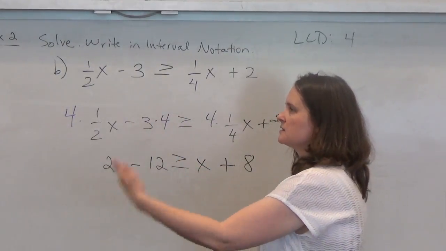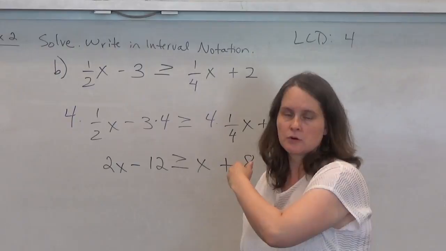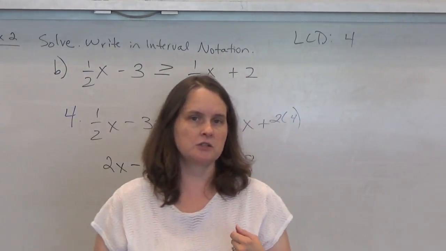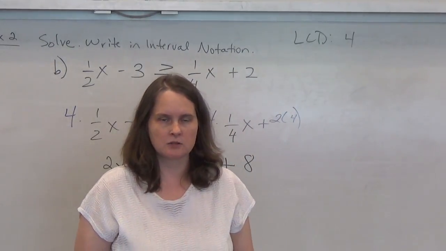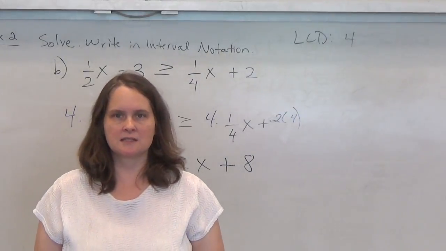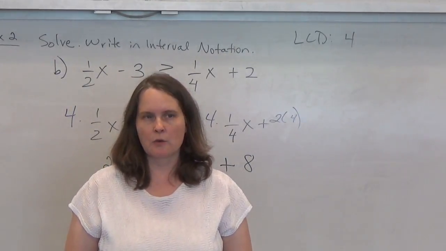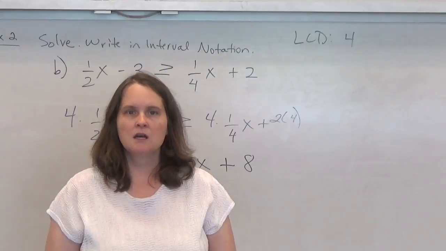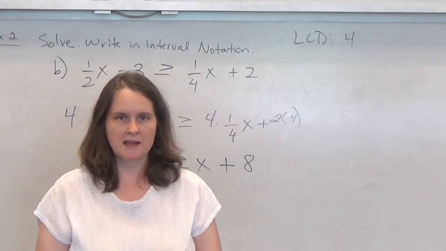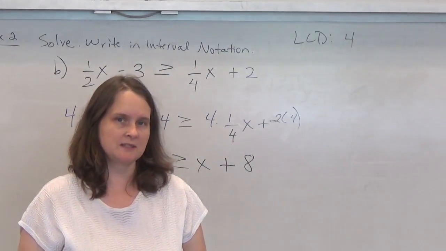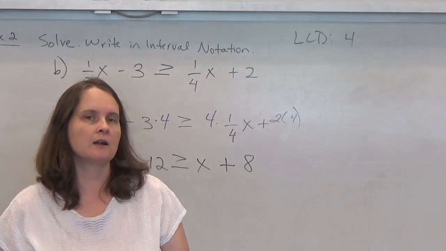If you've got x is less than a number for your answer, or x is greater than a number for your answer, that's a lot easier to visualize on the graph than if you get something like 6 is greater than x. So whenever you're working with inequalities, it's going to be helpful if you try to get your x to end up on the left side of the inequality in the final answer.